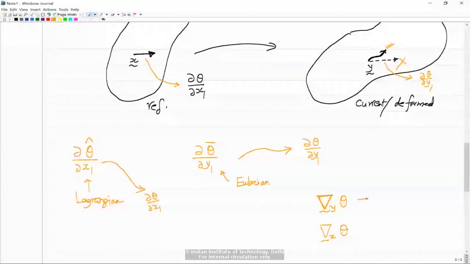In the book, they say that one could also write this as, with a small g, grad theta, and this one with a big G, theta.